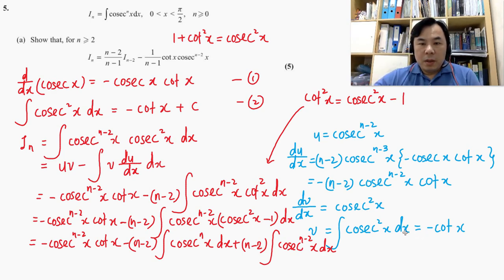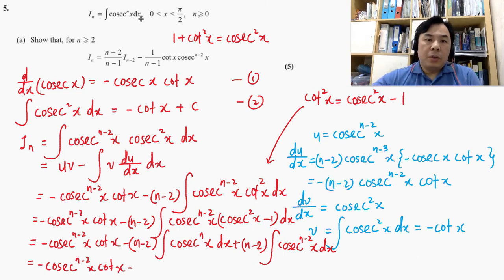All right, and then from here onward, I can further simplify this to something like this. Now you'll notice that this actually represents the integral of cosecant^n x dx here. So therefore, this one can be written as I_n.